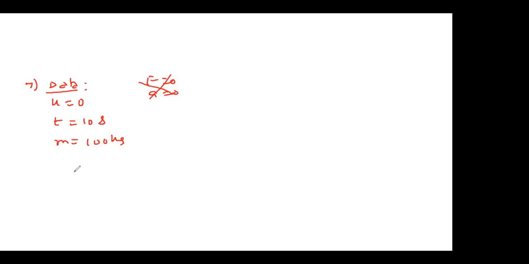The body moves through a distance of 100 meter in the next 5 seconds. Calculate the velocity acquired by the body, that means v, the acceleration produced by the force, that is a, and the magnitude of force.